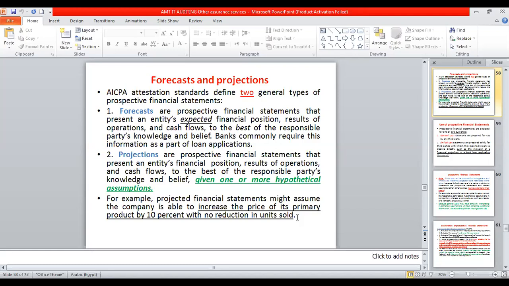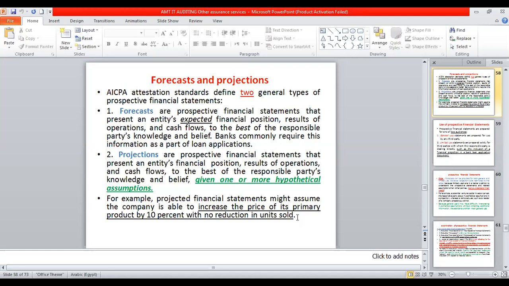For example, in forecasted financial statements, the company may provide information based on previous experience, assuming the company sold its product based on the season. As you know, sometimes revenues or expenses increase in certain seasons and decrease in others. So if a company presents forecasted financial statements related to a certain quarter or season, the amount may be close to the actual because it is based on the company's previous experience.